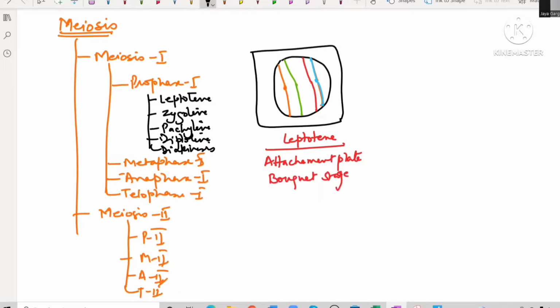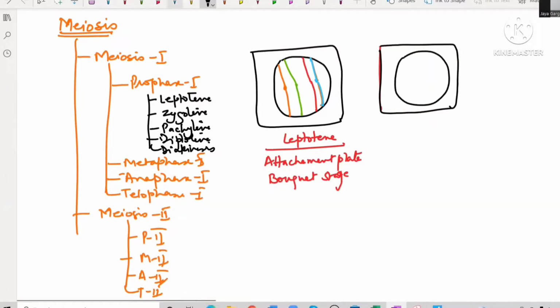Now the cell is going for the next stage, that is known as zygotene. After leptotene, cell is entering into the zygotene. If you see beta, these two are homologous chromosome. So pairing will start in the homologous chromosome. Sister chromatid is there, but still not clearly visible.